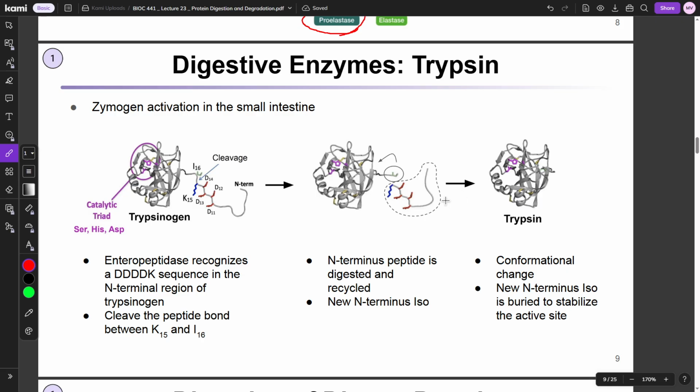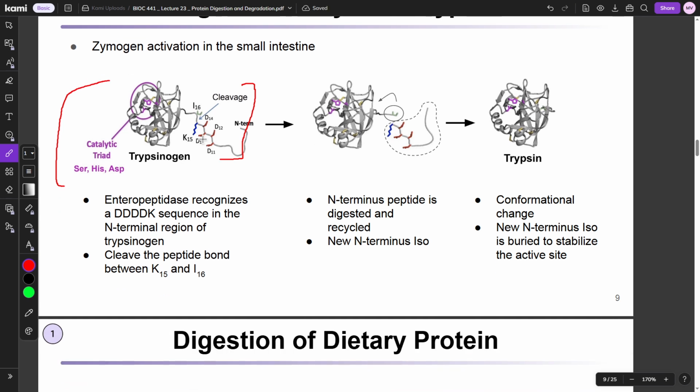Here we have zymogen activation in the small intestine. We've got some examples of this. Here's trypsinogen. Essentially, you have a catalytic triad. What enteropeptidase does is it cleaves this section off here to turn it into the active form.